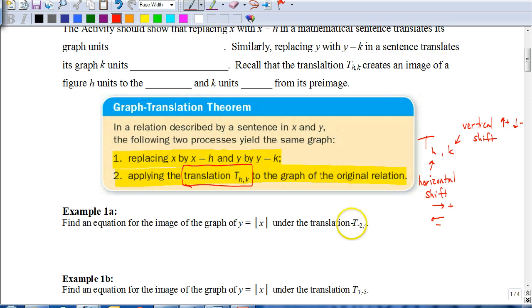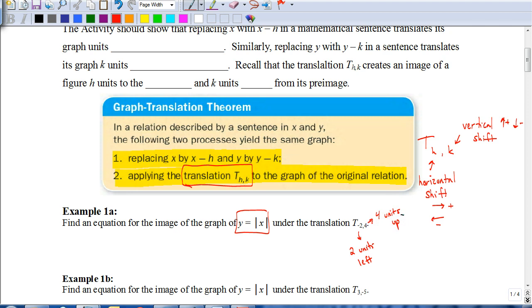So let's look at this example. It says if I have a translation of T sub negative 2, 4, what this represents is that we're going to shift this function, y equals absolute value of x, 2 units to the left and 4 units up.